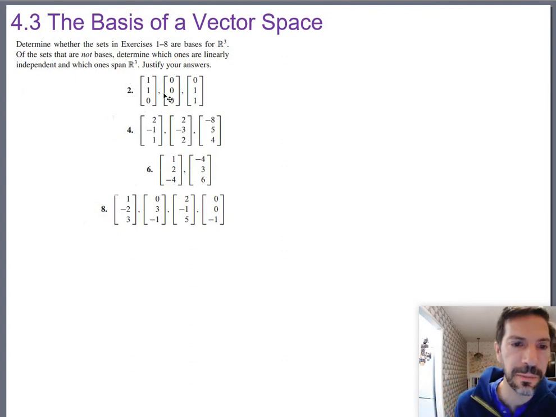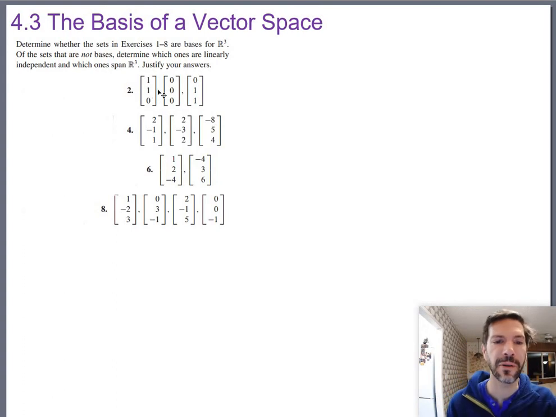Let's start with number 2. Generally, it's going to take 3 vectors to span all of R3. They need to be linearly independent, though. I can already see the 0, 0, 0 vector is one that we know is not linearly independent by definition. It is a combination of the other two. I could take 0 of the first one plus 0 of the third one and create the second one.